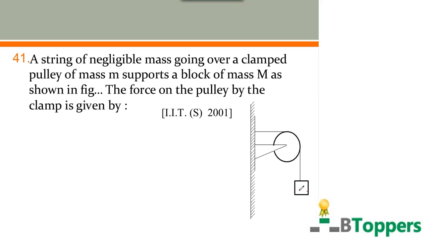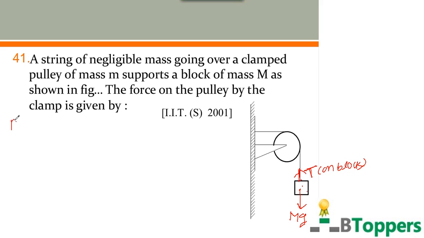The mass of the block is denoted by capital M. The first force which acts on the block is its weight Mg, which is the gravitational force on the block by the earth. Then the second force on the block is the tension force by the string. The tension force by the string on the block acts along the string and away from the block, so it acts upwards.